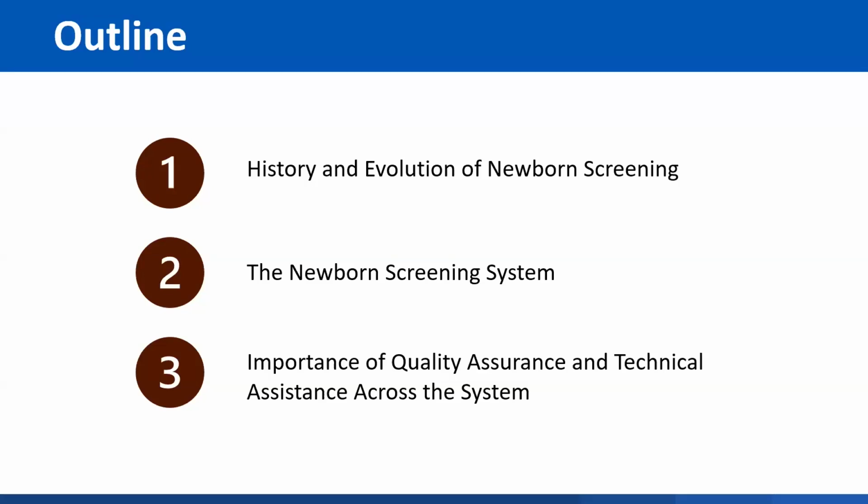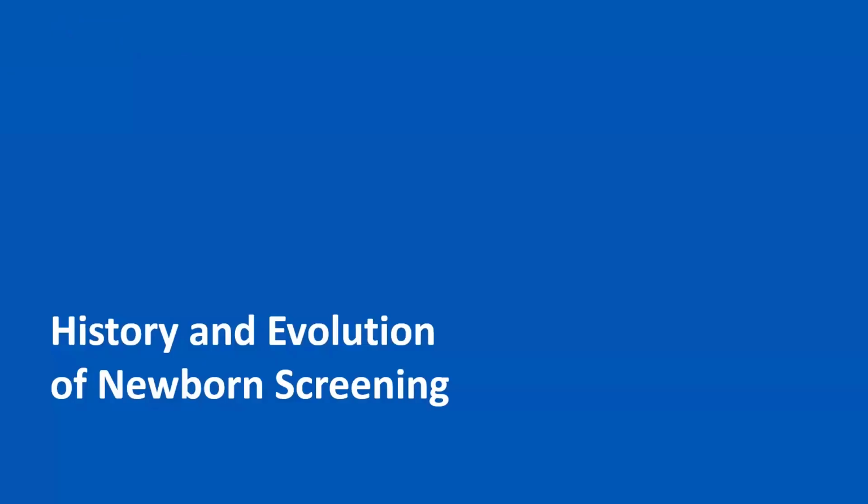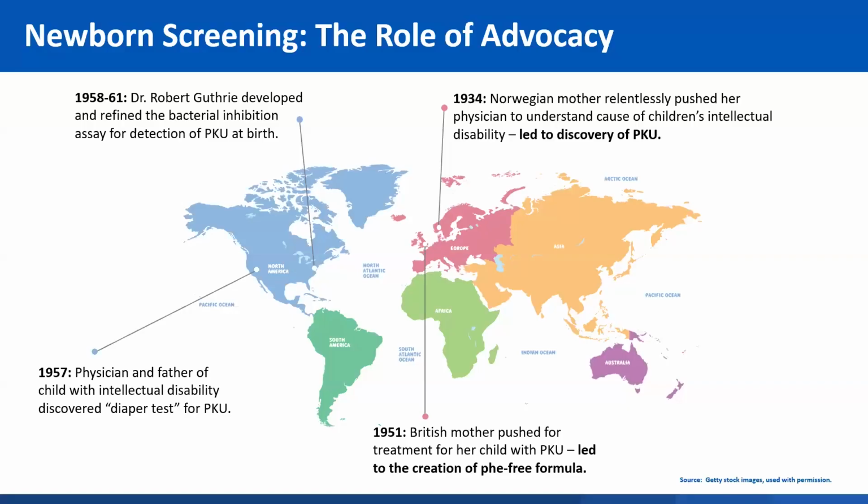Next slide. So let's start with some history of newborn screening and a discussion of how the system continues to evolve. Next slide. To truly appreciate how newborn screening came to be, it's important to really start at the beginning.